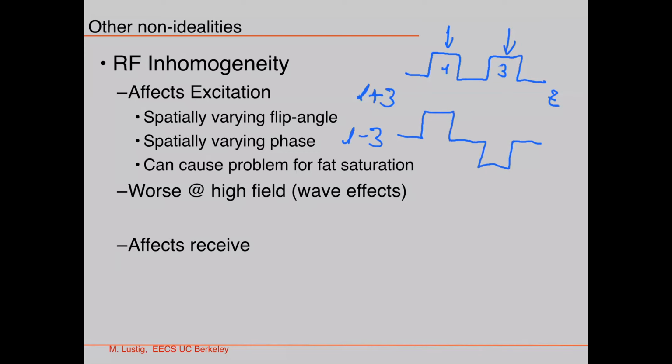And when I subtract these two, I'll get slice 3. Okay, so instead of gradient encoding, you can actually use RF to encode spatial information. And it's called Hadamard because it's a Hadamard basis: 1, 1, 1, minus 1.